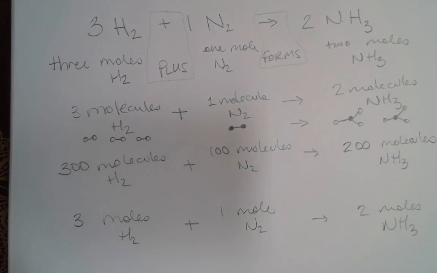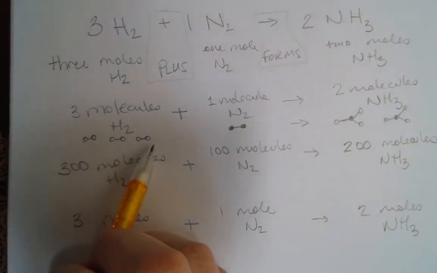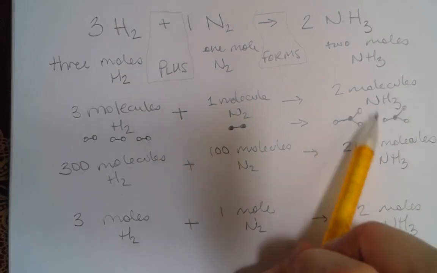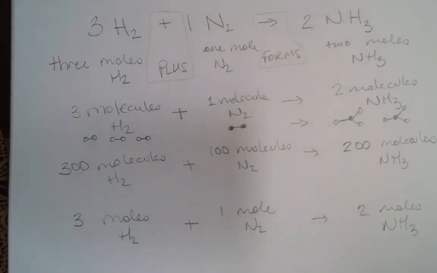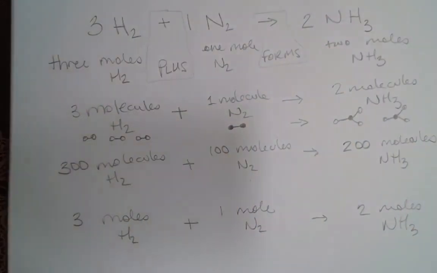And if you want, you can count your atoms. Your 3 molecules of H2 had 6 H atoms. Your 2 molecules of NH3 have 6 H atoms. Your N2, your 2 nitrogen atoms just split apart from each other there.